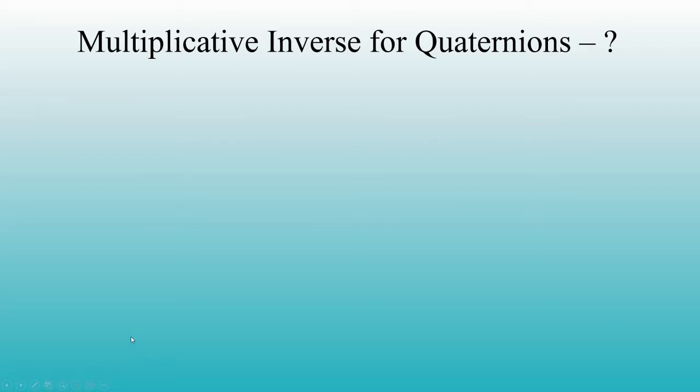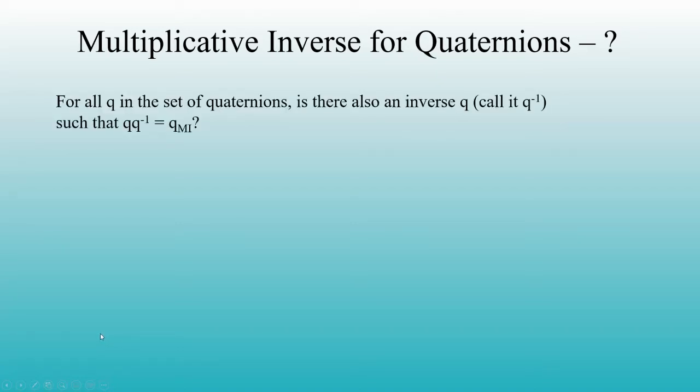Finally, the inverse property. This again will be a property that modern vectors will not possess, so let's set up some compare and contrast functionality for later, and let's show that the inverse property does exist for quaternions. We begin, as always, by asking the question, for all Q in the set of quaternions, is there also a Q inverse such that Q times Q inverse equals 1?